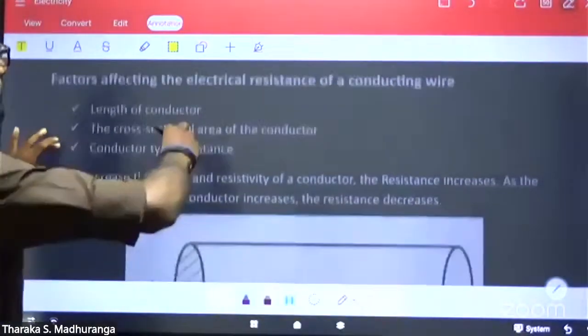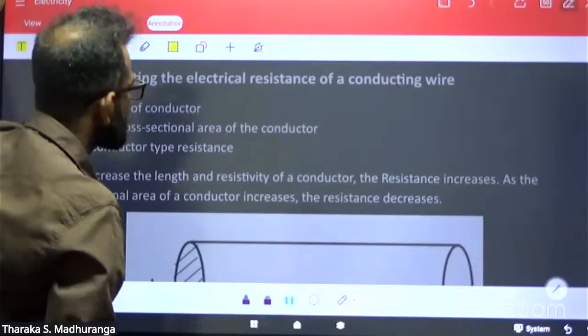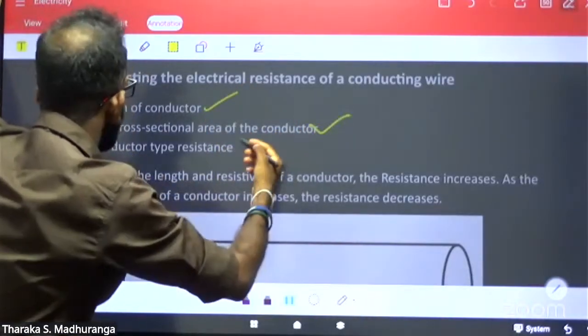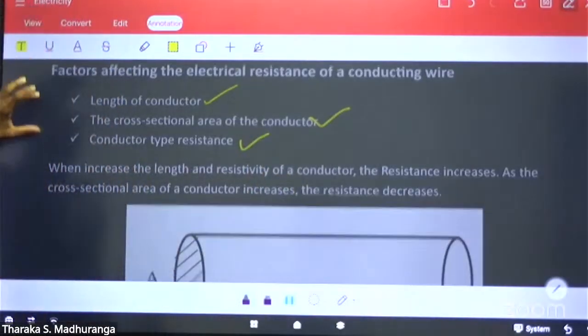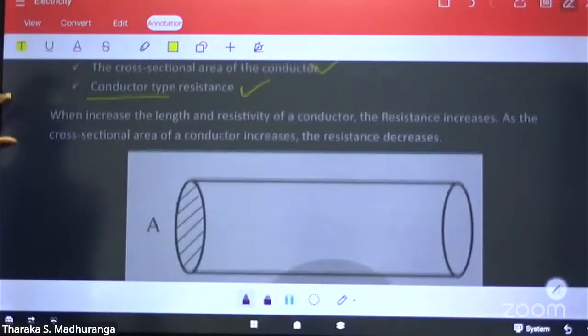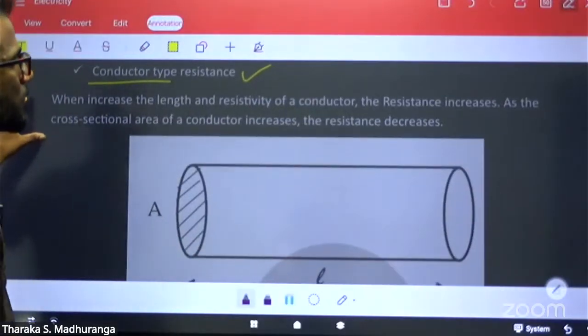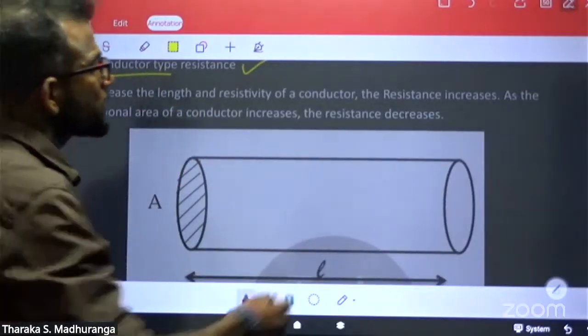Okay, I have given three main internal factors. We're not considering external factors: length, cross-section area, and the conductor type, that means material type. When the length and resistivity increase, the resistance increases.